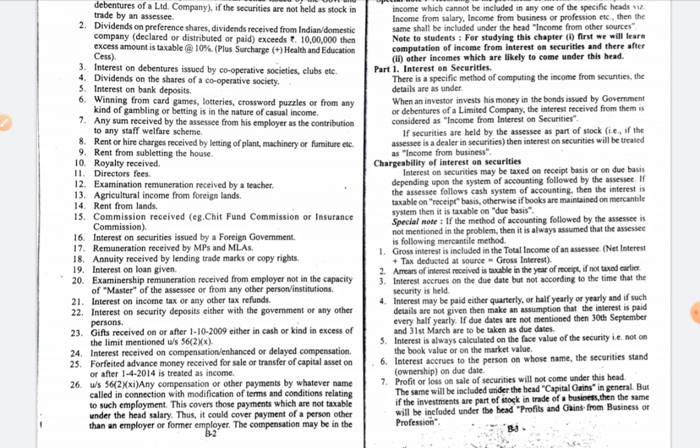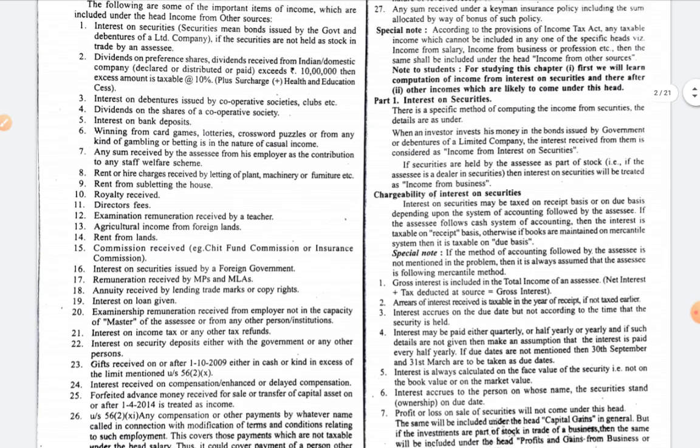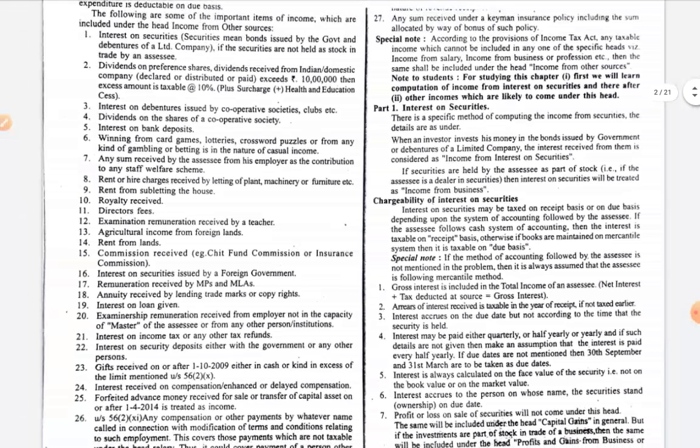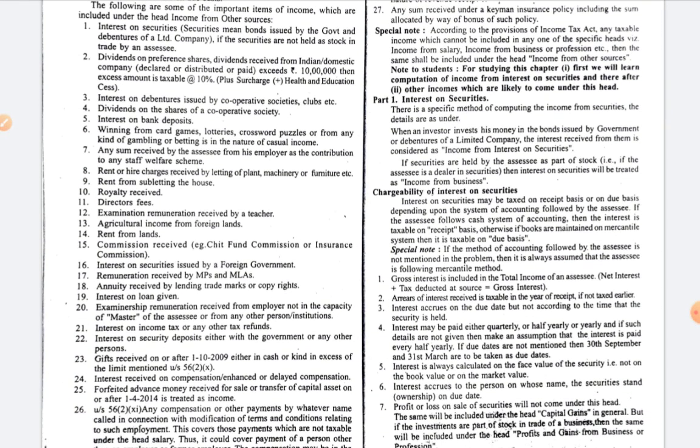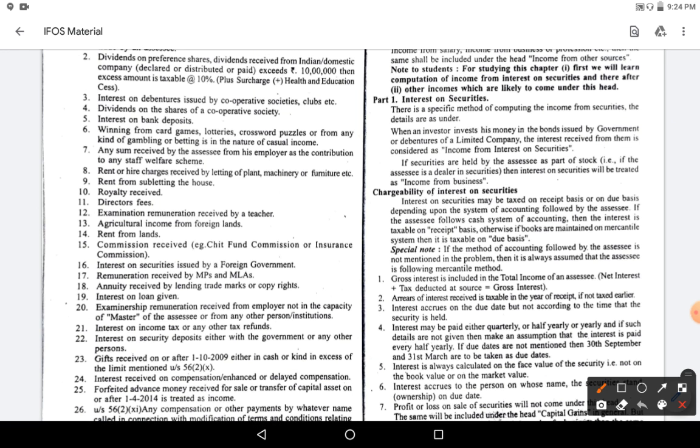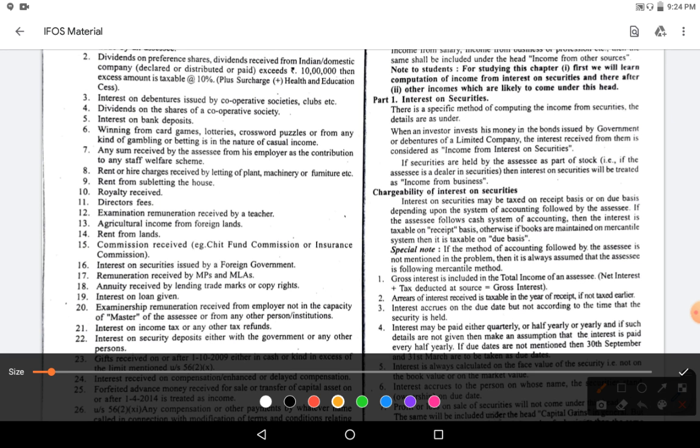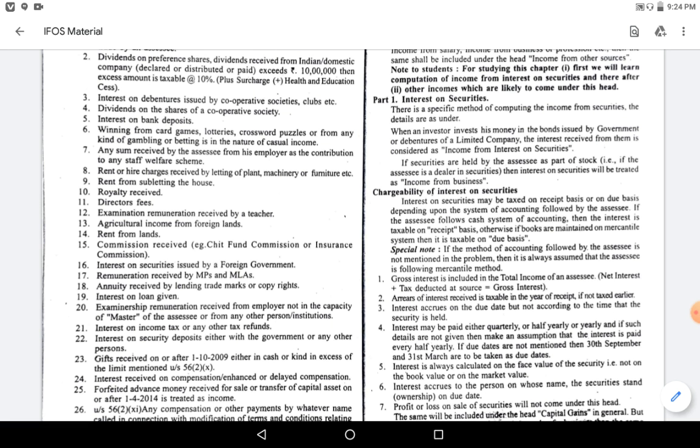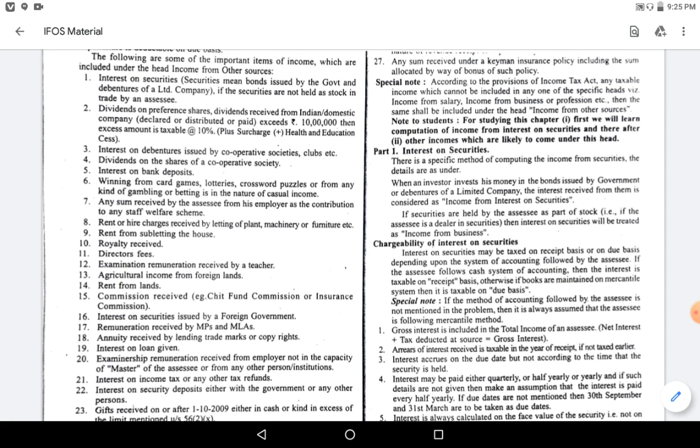Sir, do we have to remember this? This is the first question you people will ask. Yes, remember. First thing, under the income from other sources chapter, you may get a short question related to interest on securities.